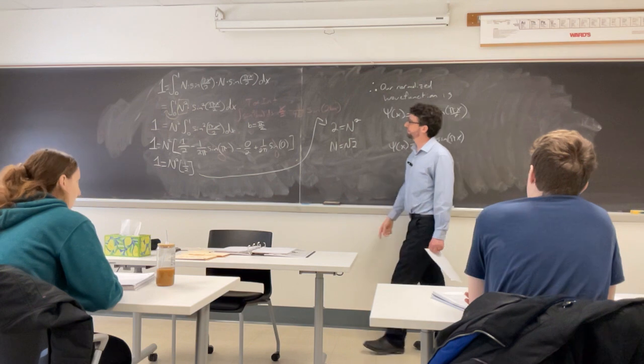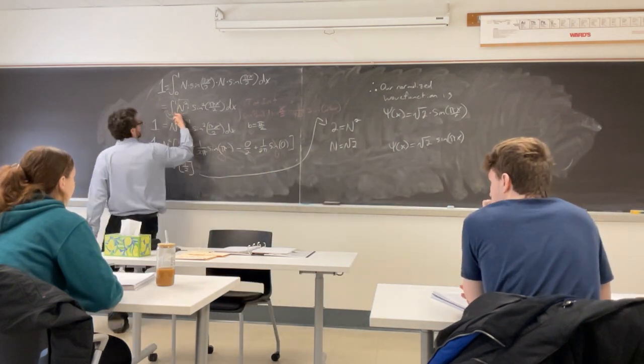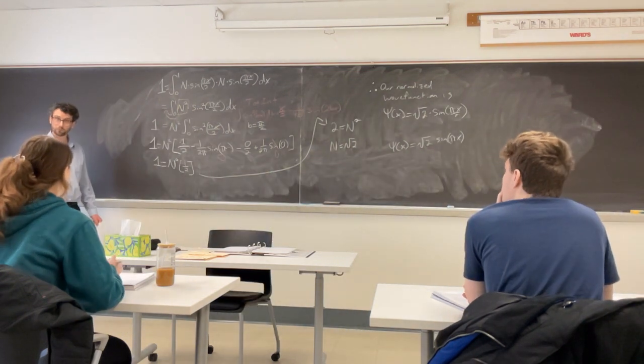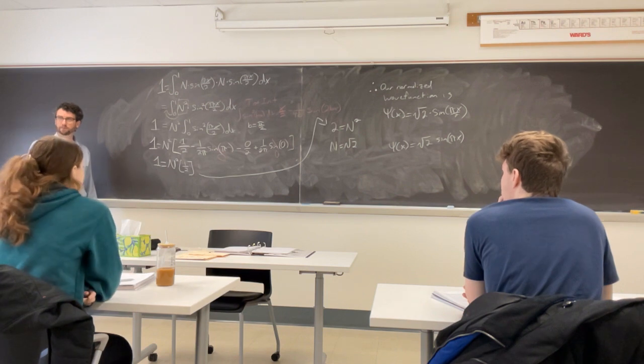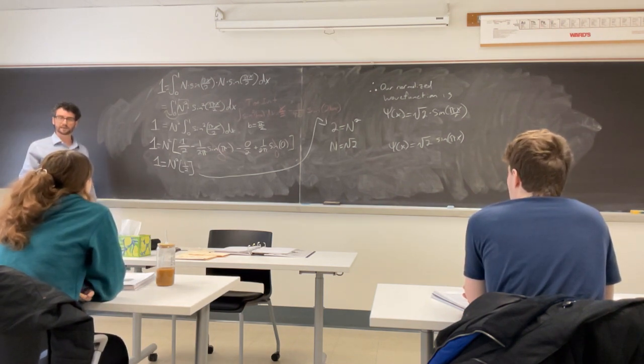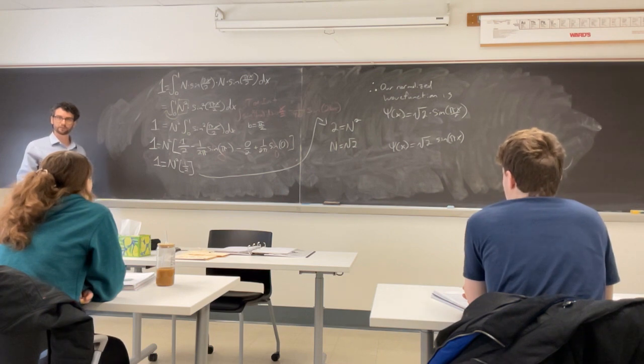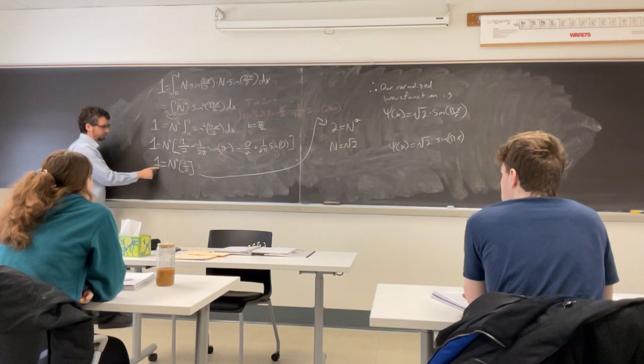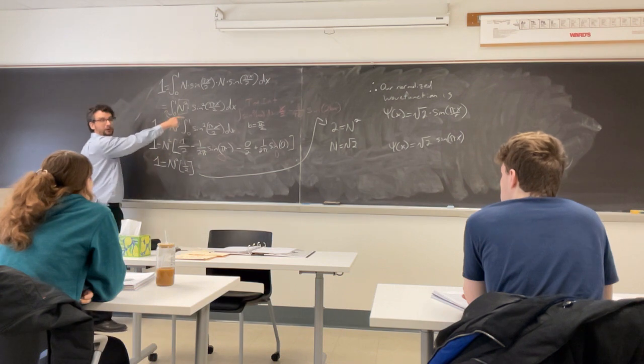Now, let's say we went from the range of 0 to 2. We wanted it normalized over that. How would our normalization constant change? So we would get to this point. Actually, no, we'd have to plug different values in.